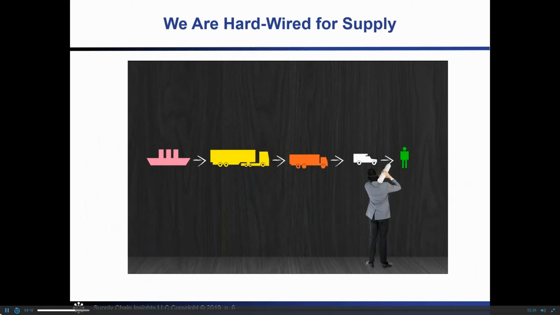Now, most people don't think about demand as a river. In fact, I teach a boot camp, and one of the first exercises I do is I ask people to draw the supply chain, and they look at me kind of crazy, like, draw the supply chain, really? And 99% of the people who draw the supply chain will draw something like this.